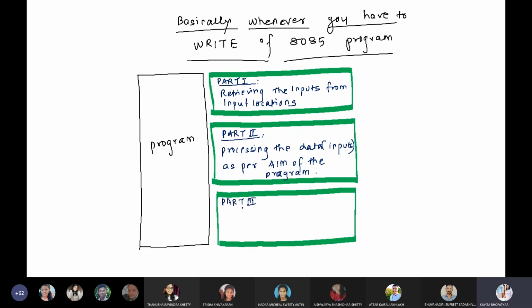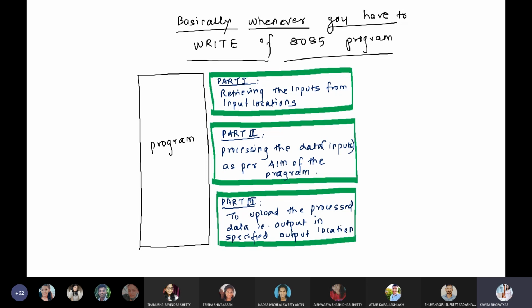And part 3 will be to upload the processed data, that is output, in specified output location. ये जो locations होते हैं वो aim में दिए होते हैं 99% of the time.